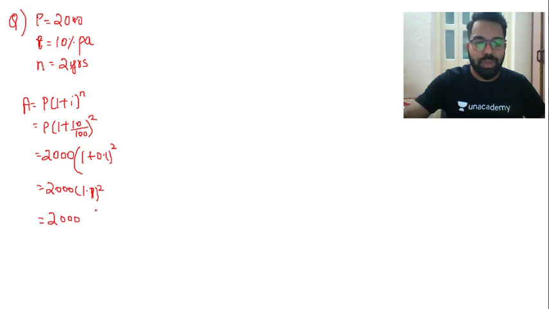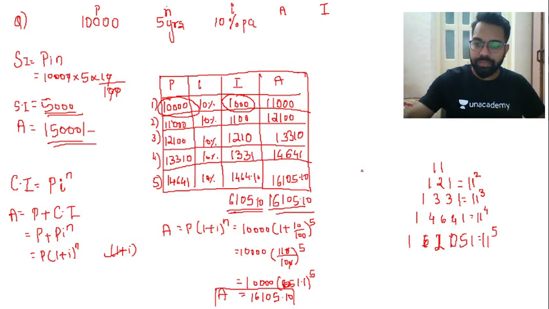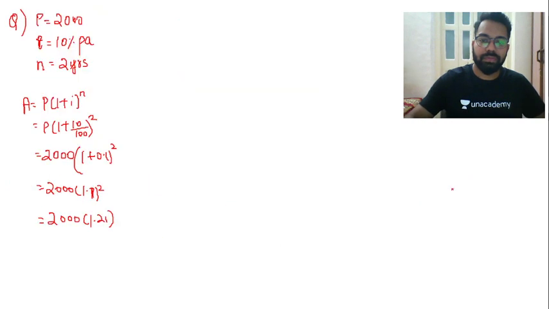What is 1.1 square? It is nothing but 1.21, as we've already seen how square powers of 11 work. Since 1.1 into 1.1 will give us an answer with 2 digits after the decimal point, it is 1.21.